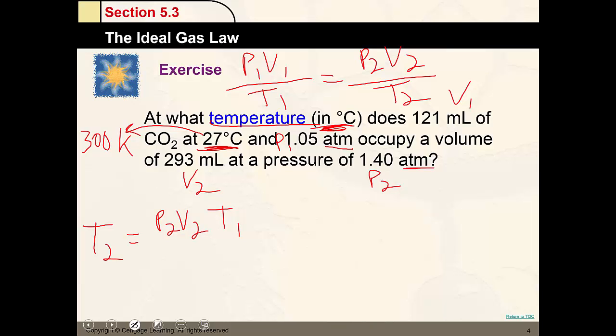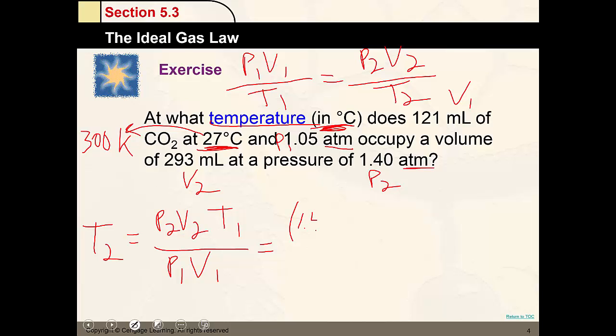So that all goes in the numerator, and then you just have to divide both sides by P1 and V1. And now, since we labeled all of the variables, now we just plug them in. And this one, it should be obvious you're using the combined gas law and not the ideal gas law, since you're not given number of moles.